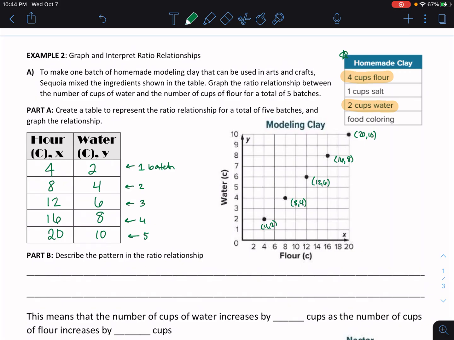To describe the pattern in the ratio relationship, the graph of the points is a straight line.